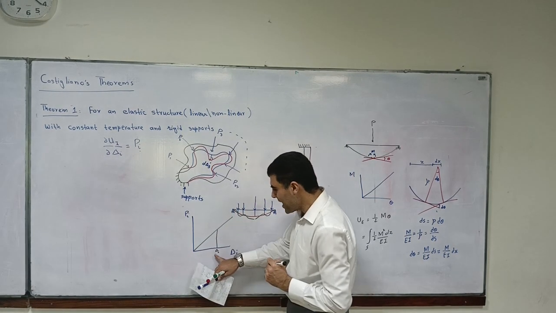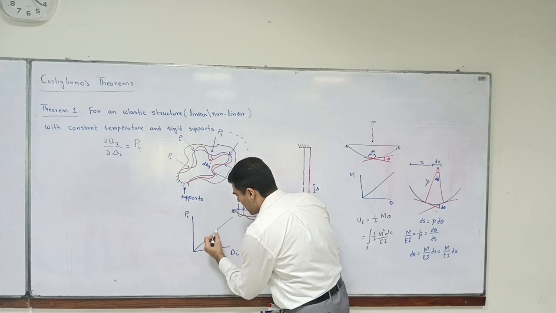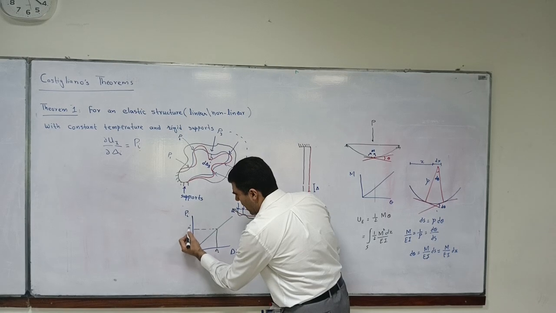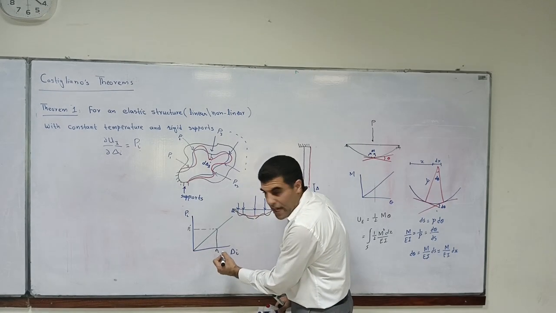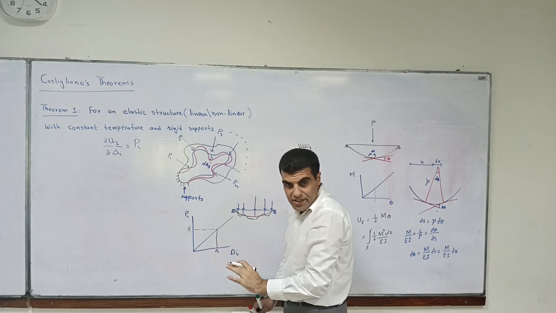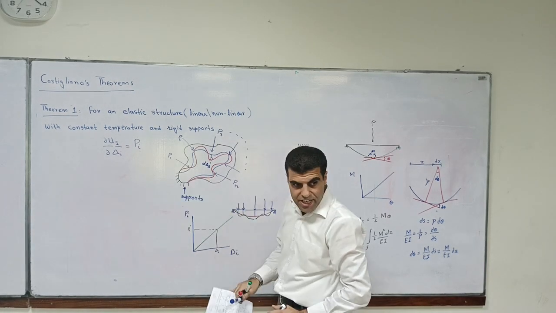This is delta I, for a particular magnitude of Pi, say Pi, I've got delta I, or this can be P3, delta 3, initially, when I get this blue configuration.